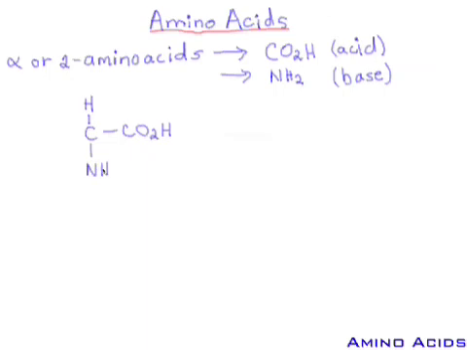The 20 biologically important amino acids differ only in the R substituent side chain. Now, R often has just meant an alkyl group, but in this case it can mean any type of functional group off of this carbon. Most often there is a carbon, but it could be hydrogen, it could be any others.